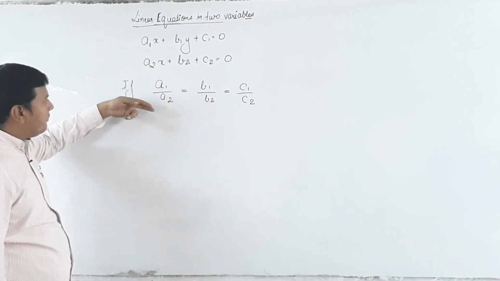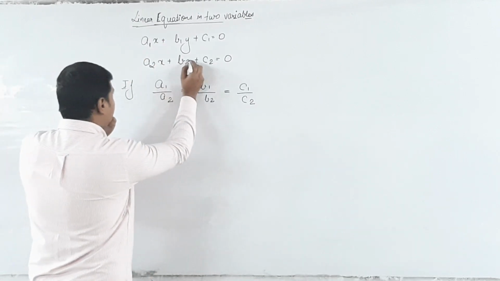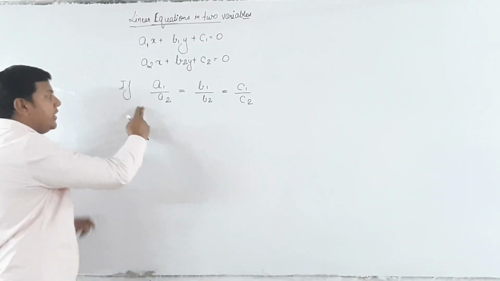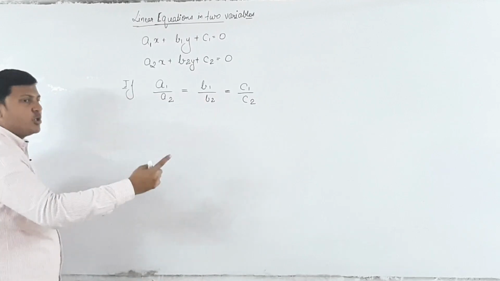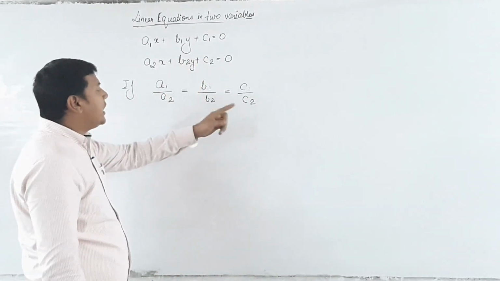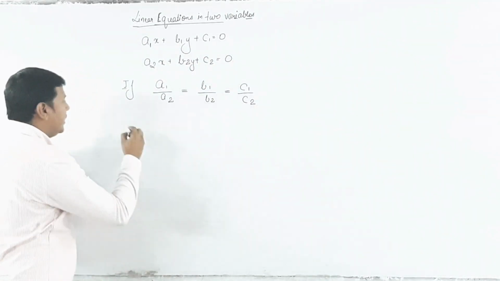If we take the ratio of a1 and a2, similarly b1 by b2 and c1 by c2, and all of them are equal, then after solving we will get to know that the pair of linear equations will have infinite solutions.